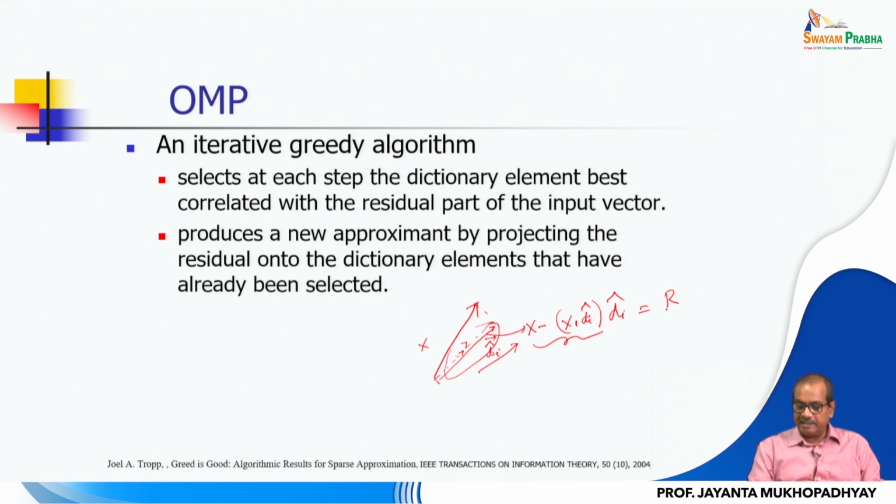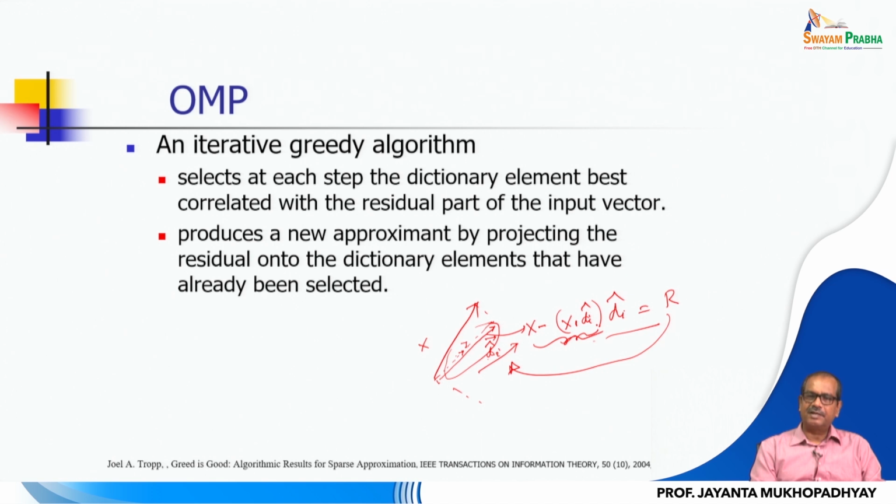Once we get the residual, again we perform the same operation with some other vector or the same vector. So how to select for which vector we will compute the residual, that is the greedy algorithm. We select the vector which gives you the maximum magnitude of this dot product.